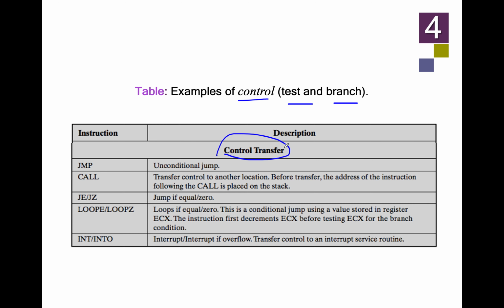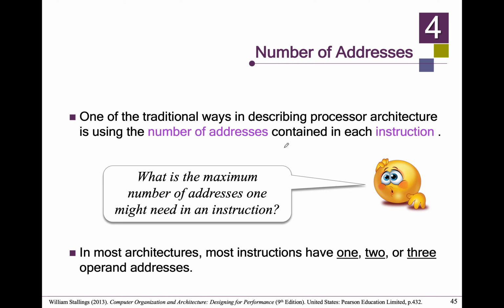Now you're going to look into them one by one, but this one is under your number of addressings, which is another subtopic. Under number of addressing, one of the traditional ways of describing processor architecture is using the number of addresses contained in each instruction. So you need to know also what the maximum number of addresses one might need in an instruction is.